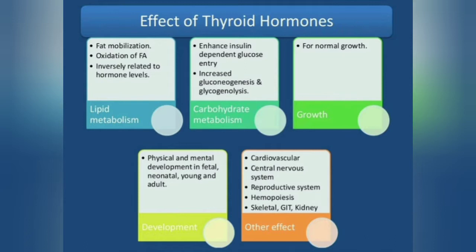And then development: physical and mental development in fetal, neonatal, young and adult. And then we have to know about other effects of thyroid hormone: cardiovascular, central nervous system, reproductive system, hemopoiesis, skeleton, GIT and kidney.